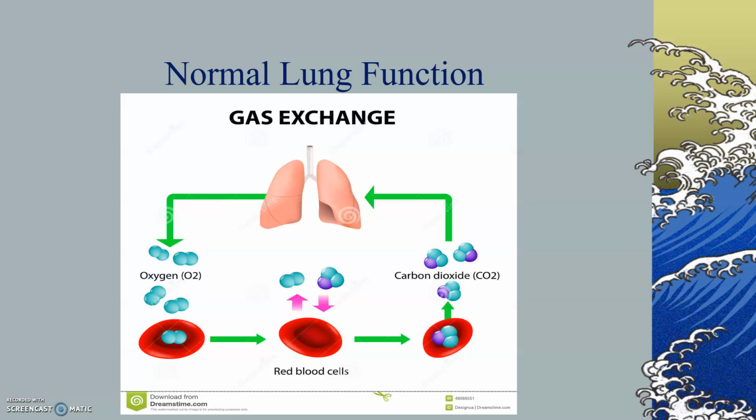Therefore, the CO2 level in the blood is very much dependent on our ventilatory function, the rate and depth of our breathing. If we are breathing deeper and faster, our CO2 drops because we get rid of more through the lungs. Whereas if we are breathing slower or shallower, then we can't get rid of the CO2 and it builds up.